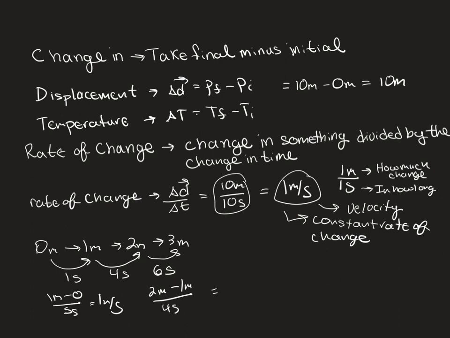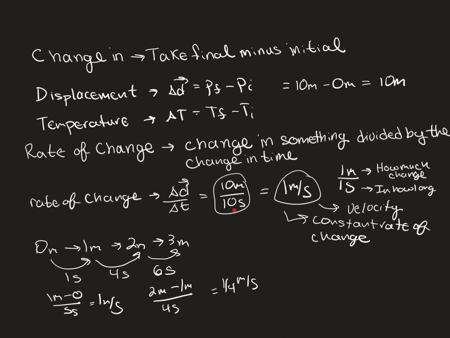So that's going to be 1/4 meters per second. So each second, we're not changing the same amount, or every 1 meter, it's taking a different amount of time to make that progression. While we still have a change in displacement, the change in displacement does not happen in equal increments.